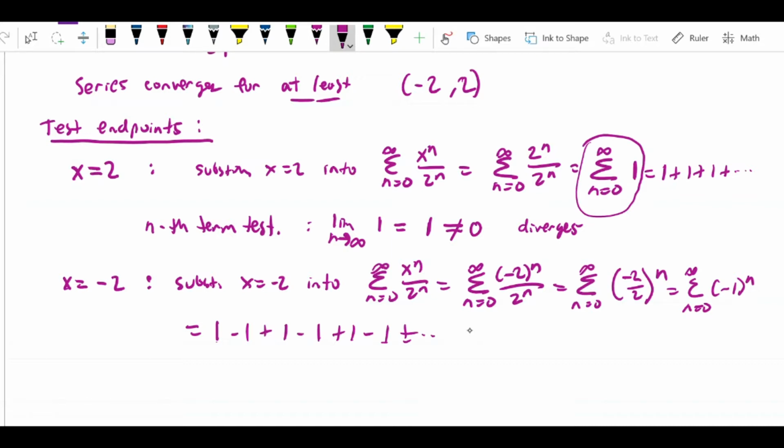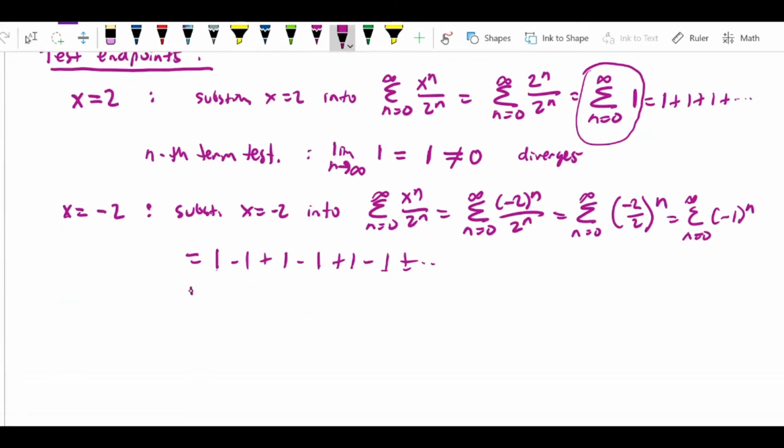What that means is that the limit as n approaches infinity of negative 1 to the n does not exist, because this term is going to be either positive or negative 1 depending on whether n is an even or odd number. A limit that doesn't exist cannot be equal to 0, and therefore the series diverges by the nth term test.